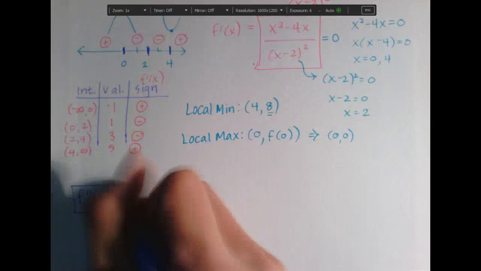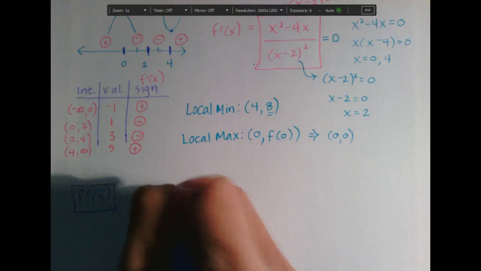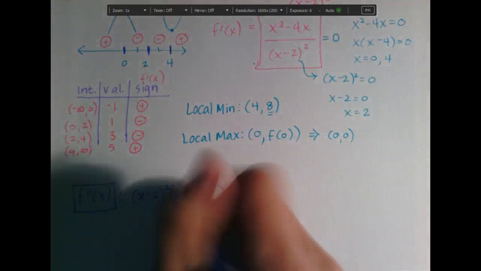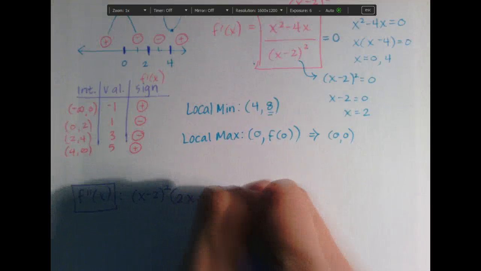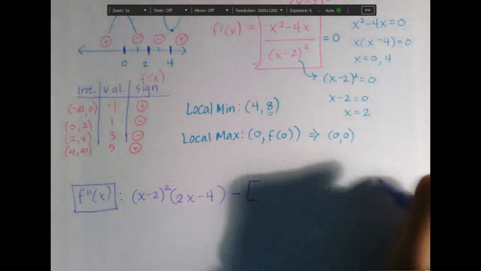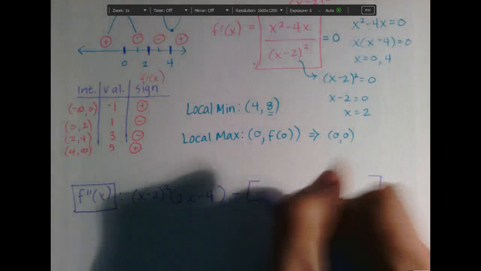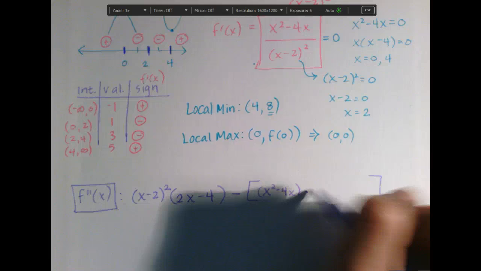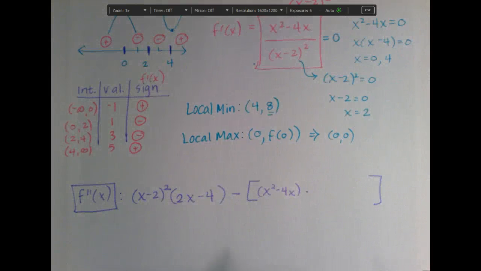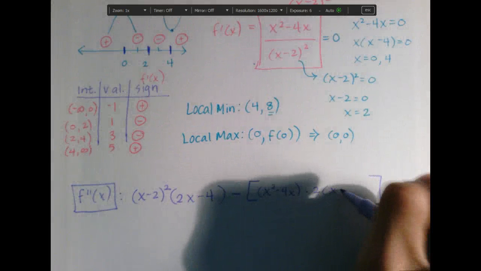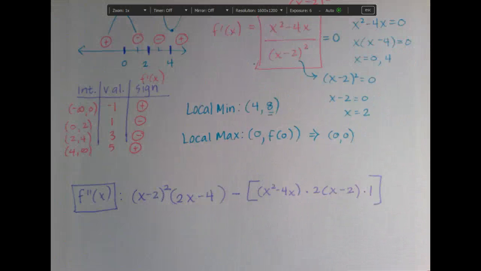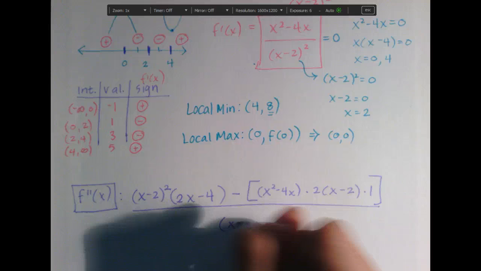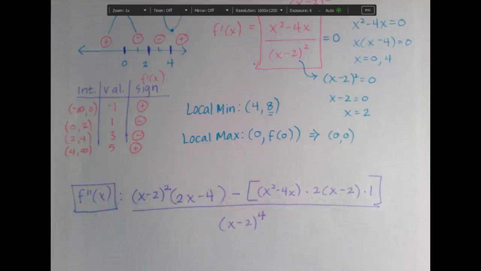Beginning with my denominator, just as it is, I'm going to multiply that by the derivative of my numerator. And from that, I'm going to subtract my numerator multiplied by the derivative of my denominator, which requires a chain rule. All of that is divided by my denominator squared, which raises it to the 4th.